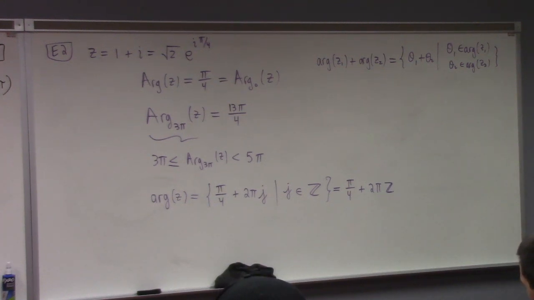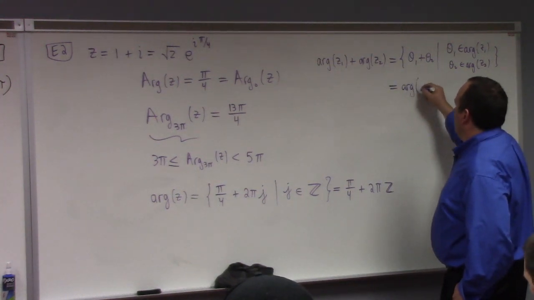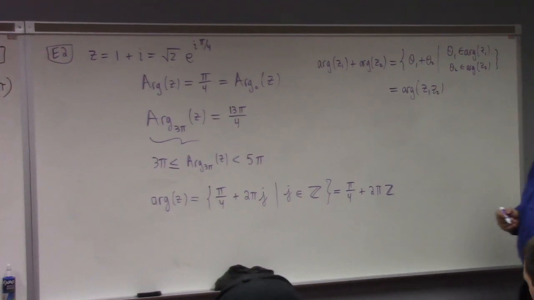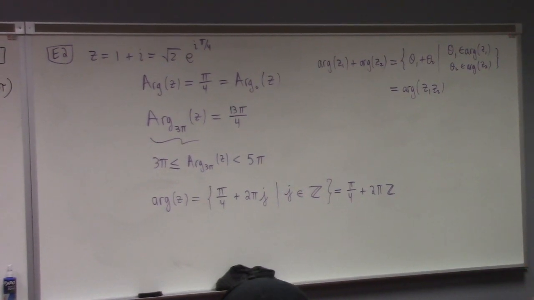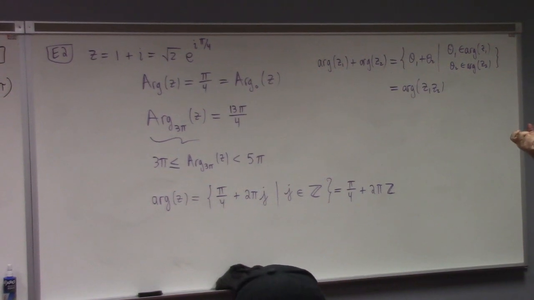But I can tell you this, and this is actually a pretty good homework problem. That's true. However, this is not true if you capitalize those arguments. If you insist on your angle coming from a specific choice of 2 pi radians, one side not included, when you add those together, you don't have to be within that 2 pi period.